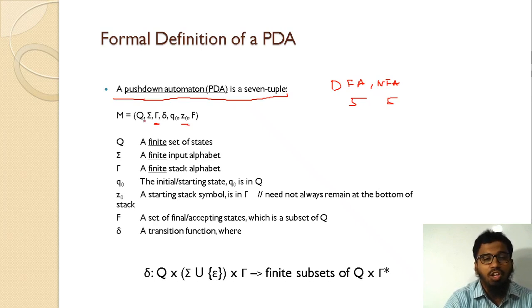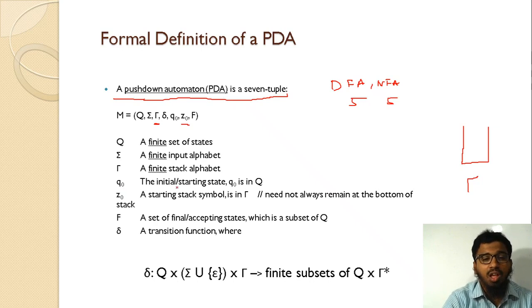What is Q? Q is a finite set of states, same as DFA and NFA. What is sigma? A finite input alphabet. What is tau? Tau is a finite stack alphabet. So whatever you are going to store in the stack, that will be represented as tau. What is Q0?